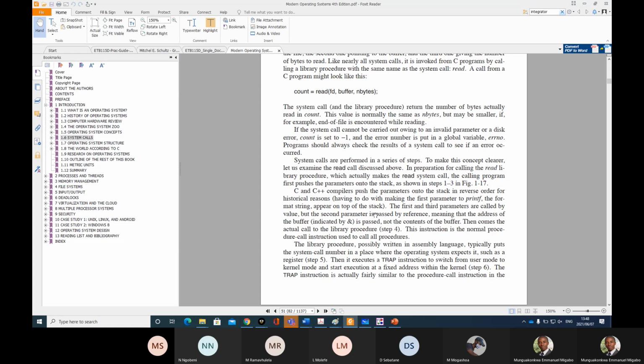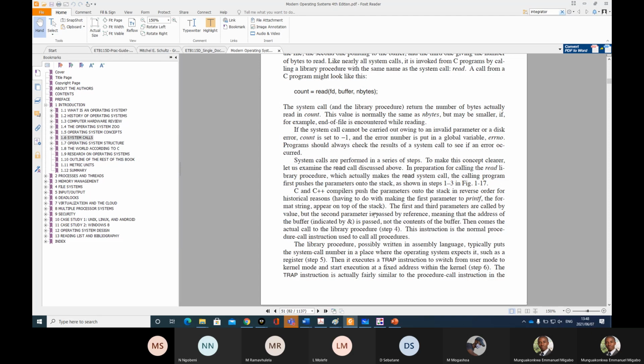And once it does get it, it examines the trap instruction to switch. So it makes sense of the trap instruction, which is an automated form of system calls, with a couple of steps to be taken, more like a script. Okay, so that needs to be assessed.